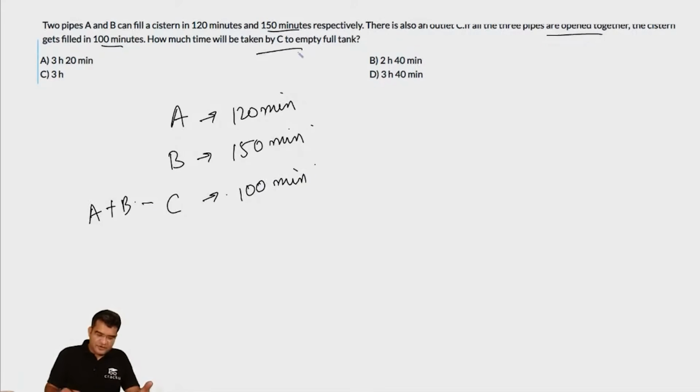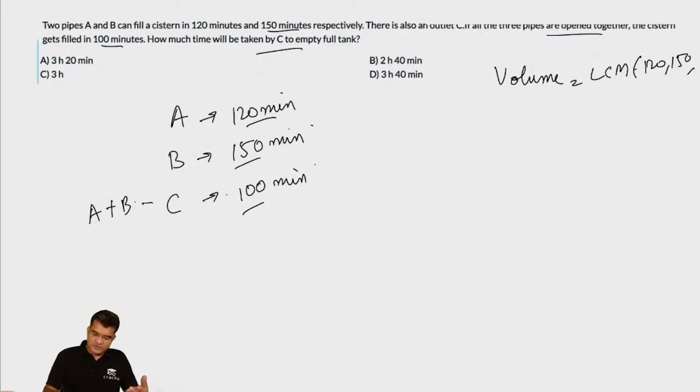We are required to find out how much time will be taken by C to empty a tank which is completely full. To solve these kinds of questions, it is always important to assume the volume of the tank to be equal to the LCM of these numbers, which is the LCM of 120, 150 and 100.